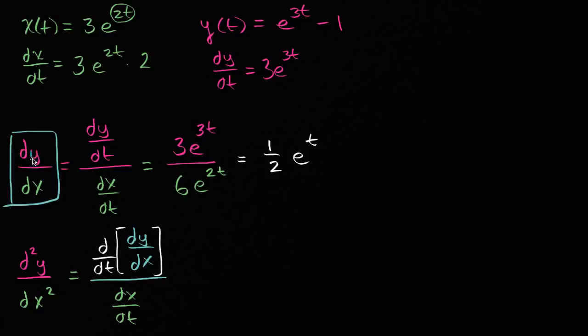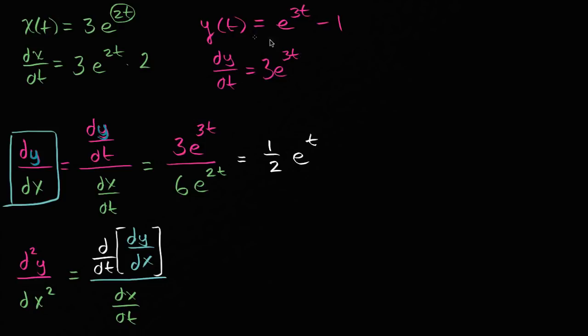When we wanted to find the derivative of y with respect to x, we found the derivative of y with respect to t, and then divided that by the derivative of x with respect to t. Here we want to find the second derivative of y with respect to x. Actually, let me write it down a little bit clearer.